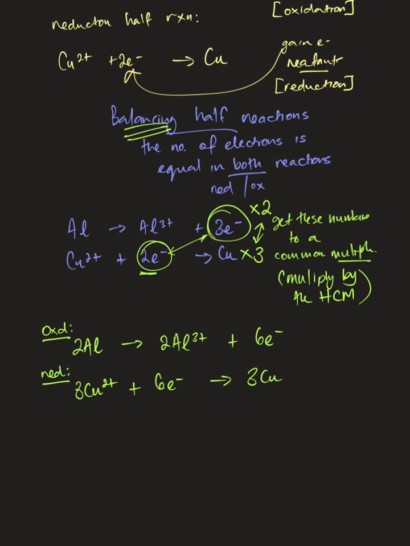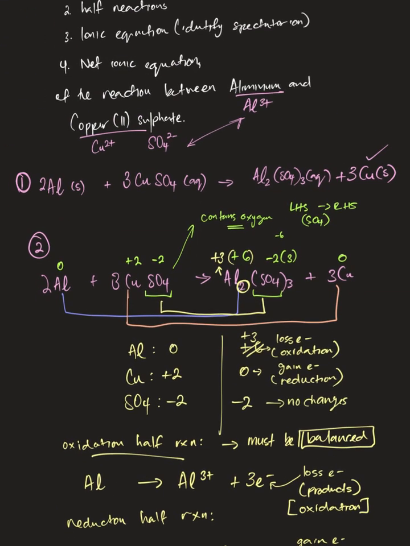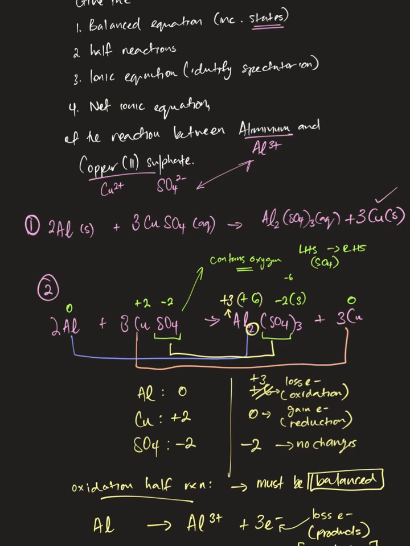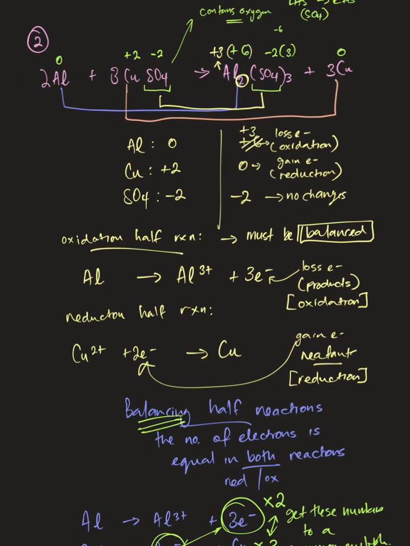Right, once you've got that situation, can you see that here the electrons, one's on the left hand side, one's on the right hand side, like an equation? We can cancel them out. Right, okay, let's not do that right now. But what you need to understand is, we're going to look at the next question. The next thing they want is the ionic equation, and they want us to identify the spectator ion.